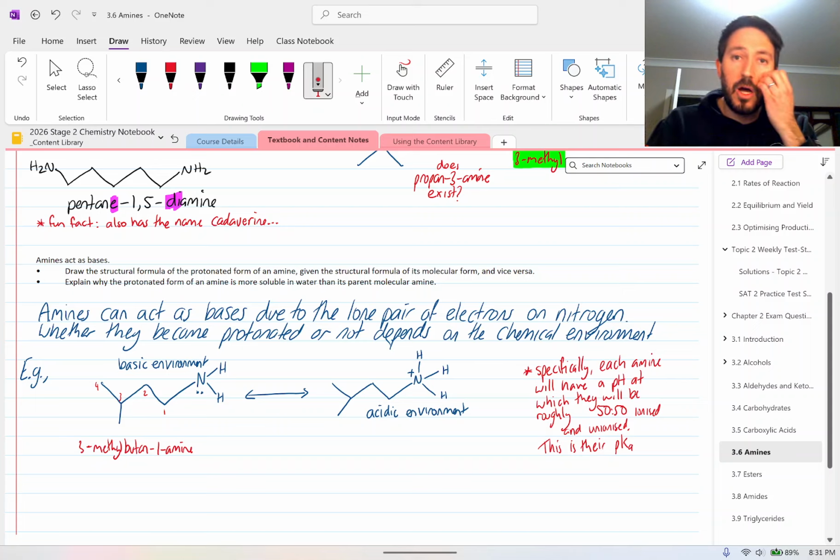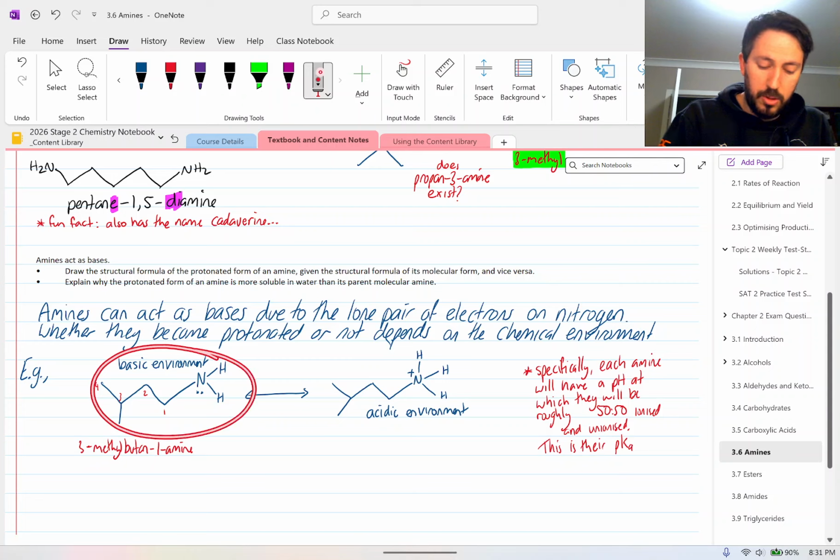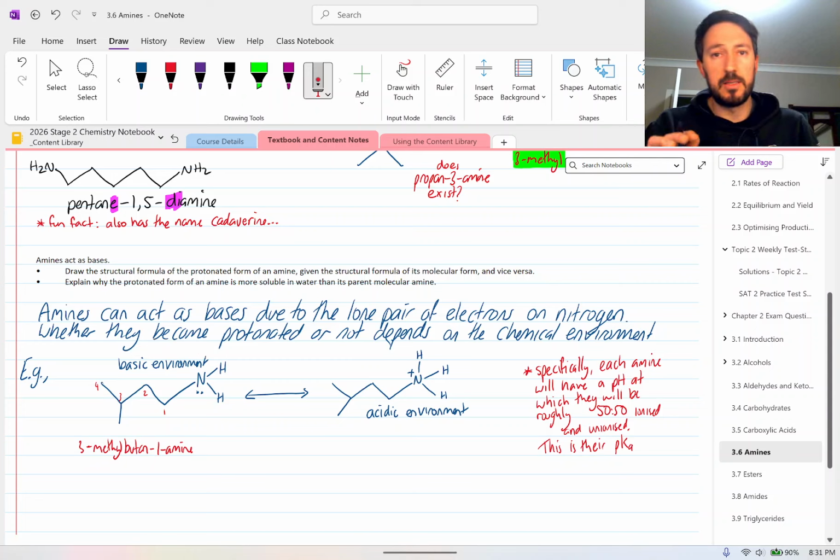So the proton, the H+, will come along. It will join to our nitrogen's lone pair, making a bond. It will leave the nitrogen positively charged, but that is more stable than having this molecule plus a lone H+.